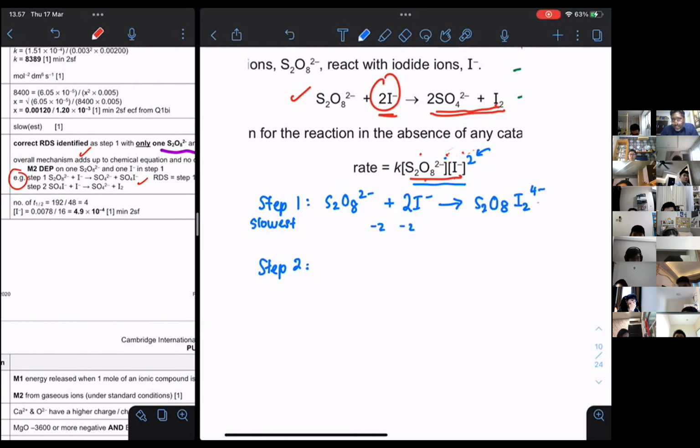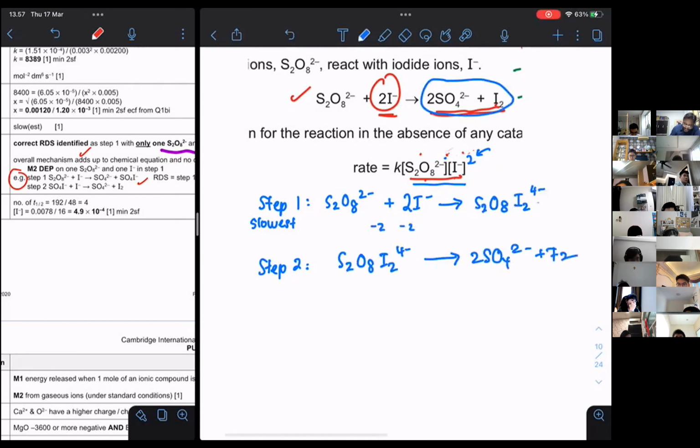And then I need to eliminate this intermediate. So S2O8 I2 4 minus is going to give me what? Because I need to get the product. No need to think so much. You just put it in. When you add these two, they are going to give you the equation that we want.